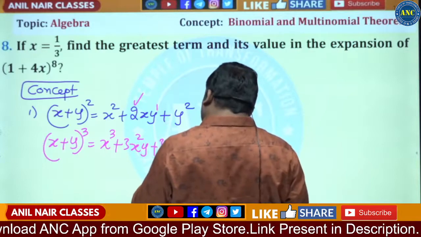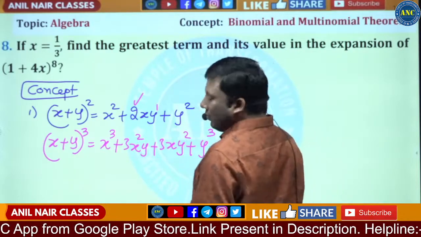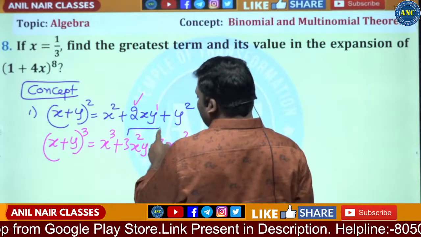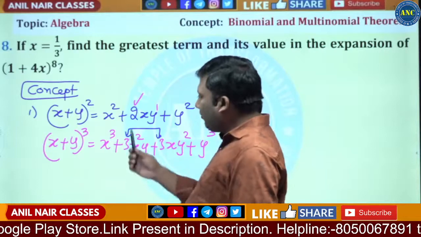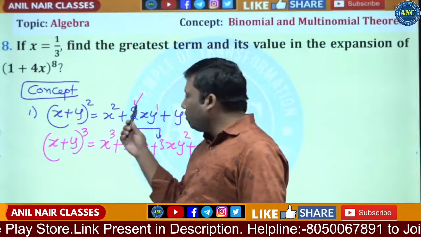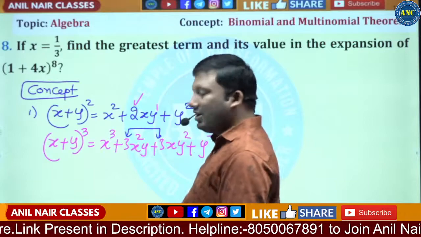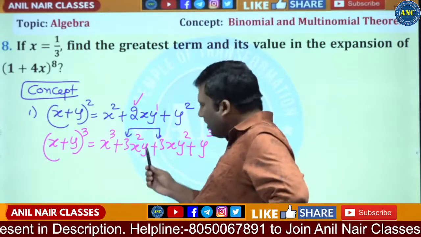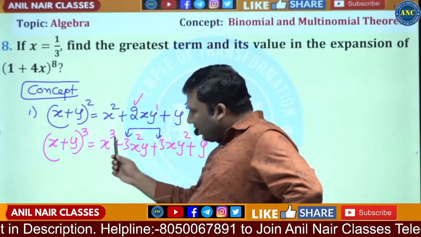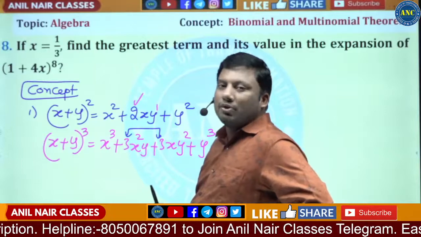What is the coefficient of xy square? 3. What is the coefficient of y cube? 1. These are maximum. If you observe here, in power 2, the second term coefficient is greater than the first term. Are you all with me? In this example, the second term is greater than the first term. Third term and second term both are equal.